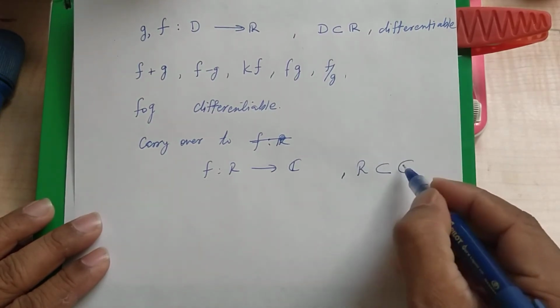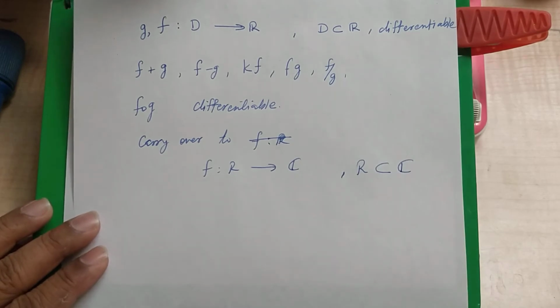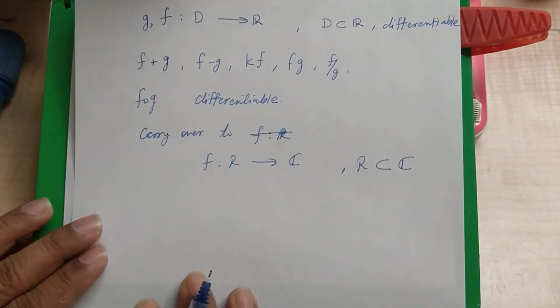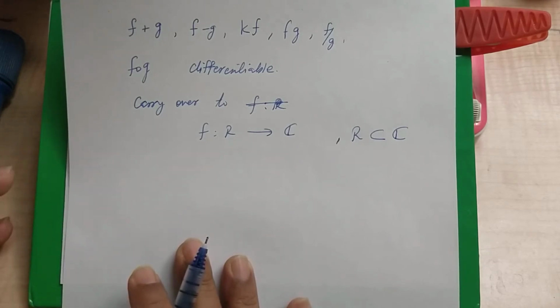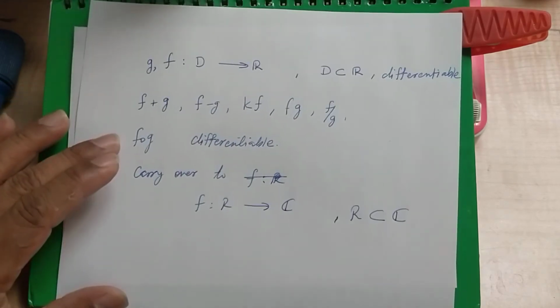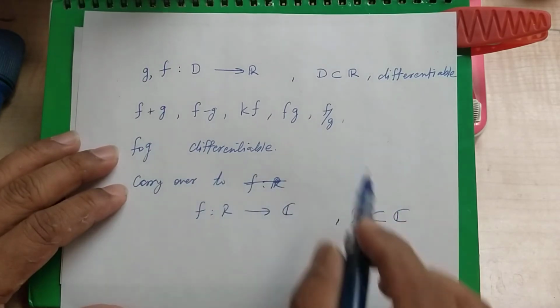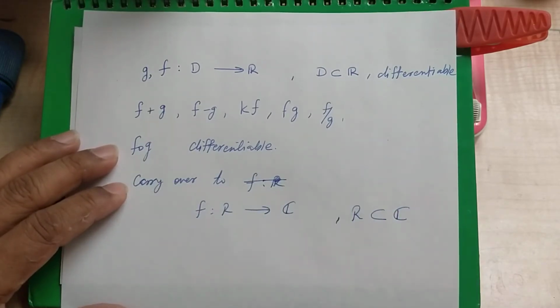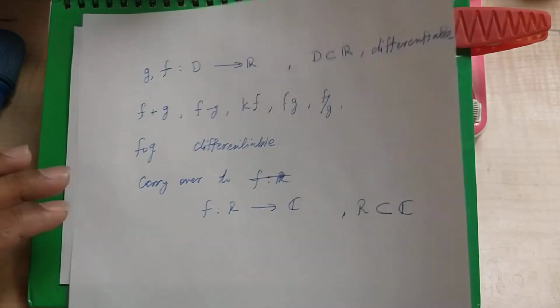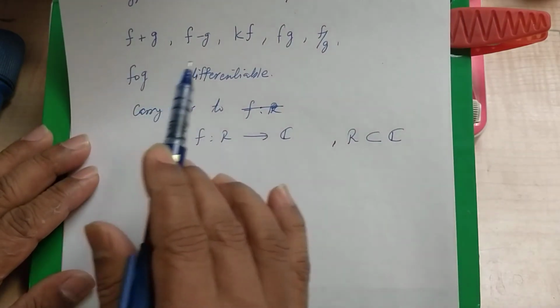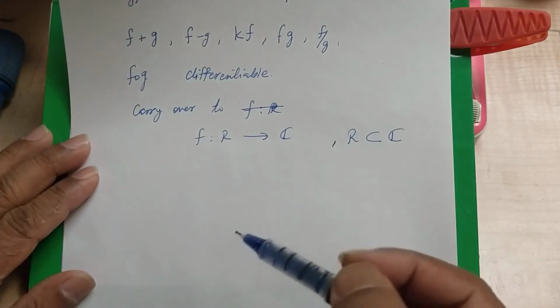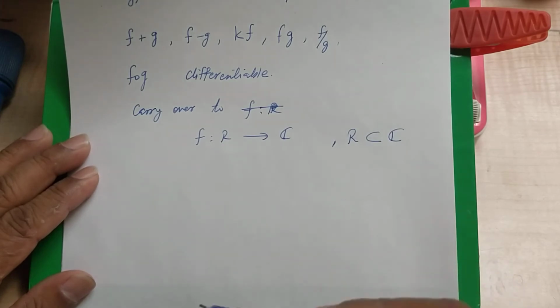R is a subset of C. In other words, I'm taking a shortcut. I'm just saying that the theorems that you have seen in the context of real variable calculus are valid here also. Other theorems, like if a function is differentiable, it is automatically continuous, are also valid in the complex case.